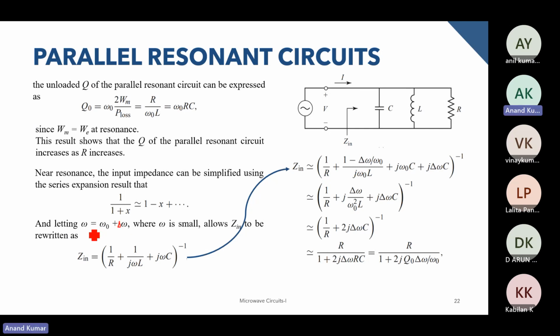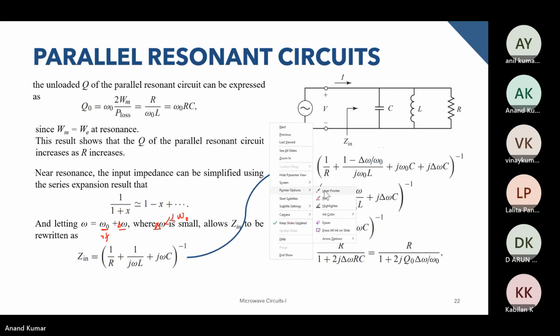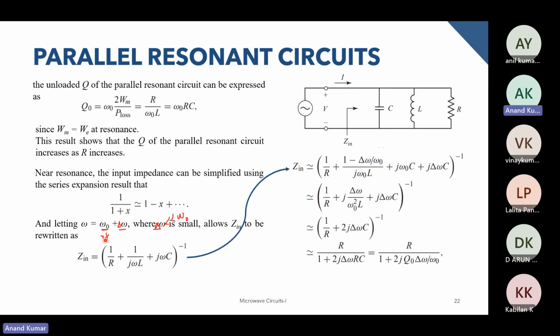So we are substituting omega equals omega naught plus delta omega, where omega naught is the resonance frequency and delta omega is very small. So delta omega is much smaller than omega naught.